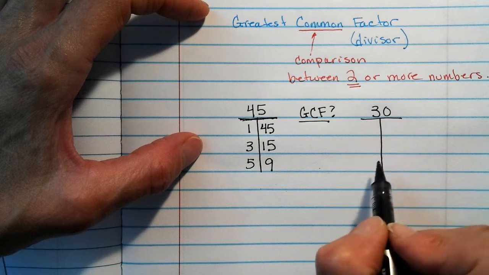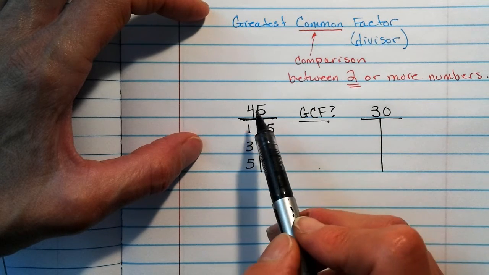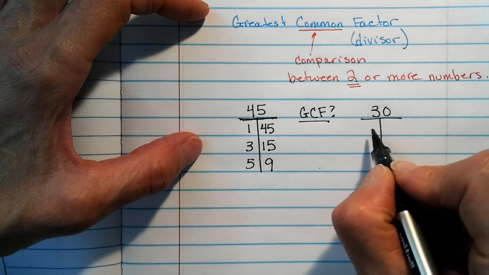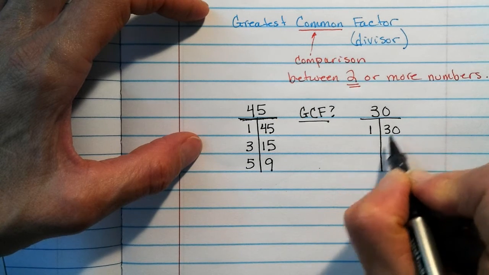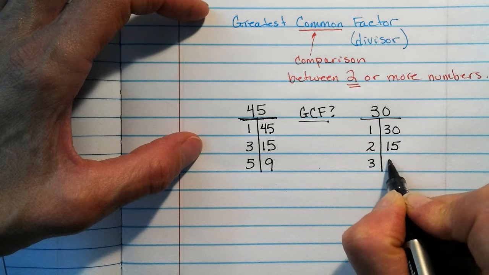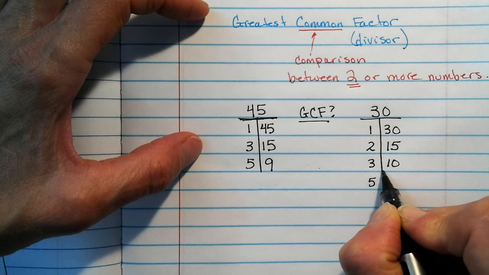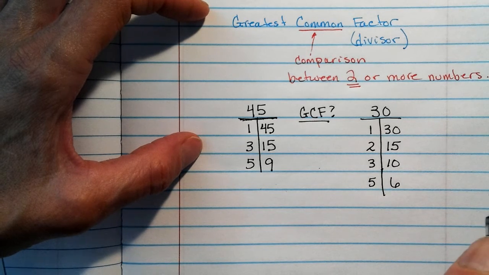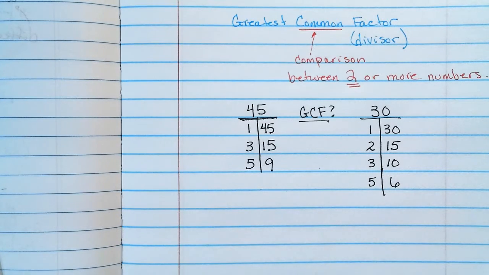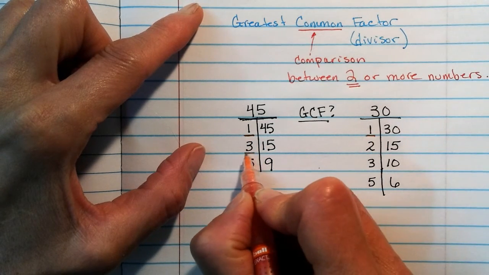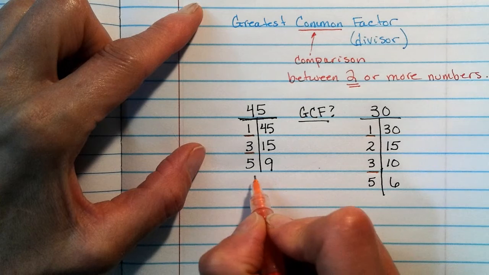Now I have to do my factors of 30 because I'm looking at what 45 and 30 have in common. So I'm going to go through the same thing. 1 times 30, 2 times 15, 3 times 10, and 5 times 6, and then it repeats with 6 times 5. Okay, so let's look at all the numbers that they have in common. Well, they have 1 in common. They have 3 in common. They have 5 in common.